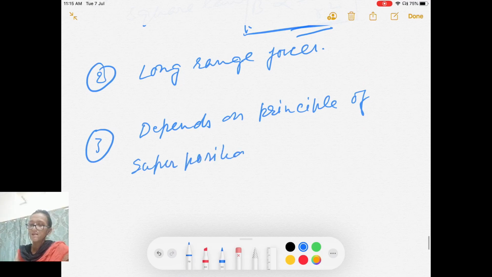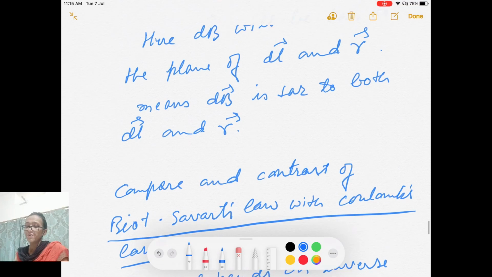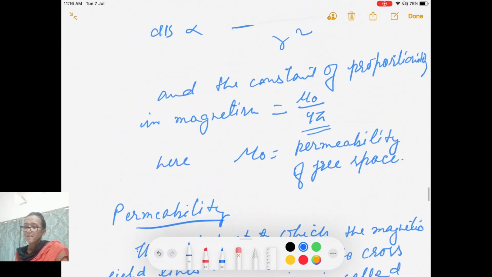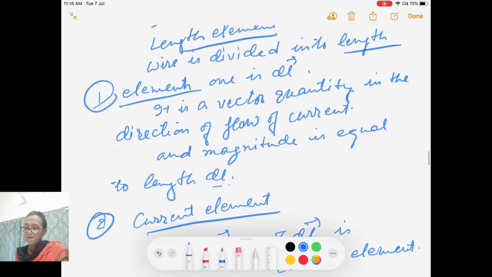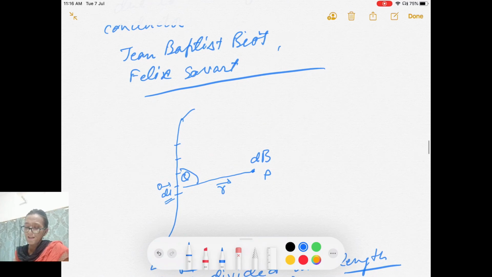What does this mean? This means that we obtained field for a small length element. We will be adding field at this point due to all such length elements, B1 plus B2 plus all such length elements.